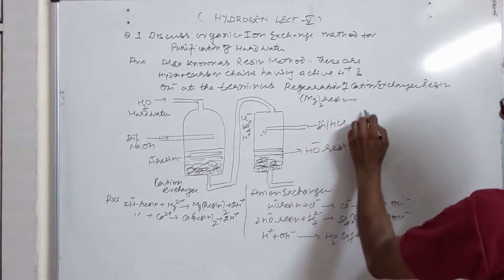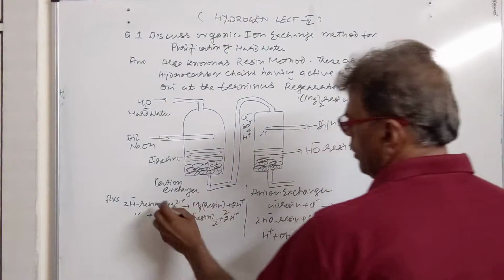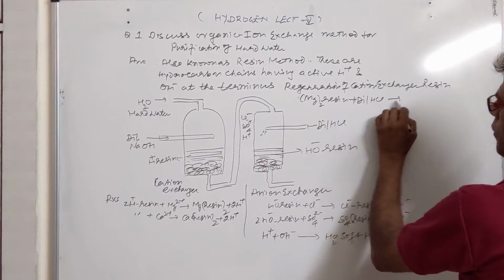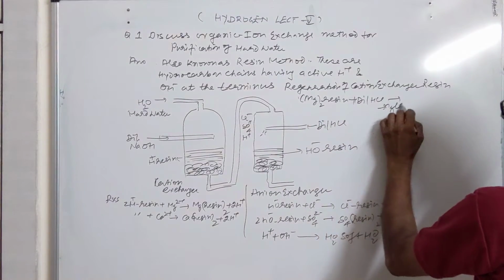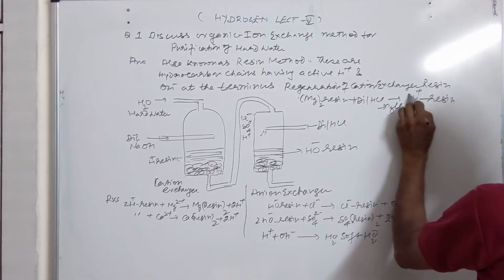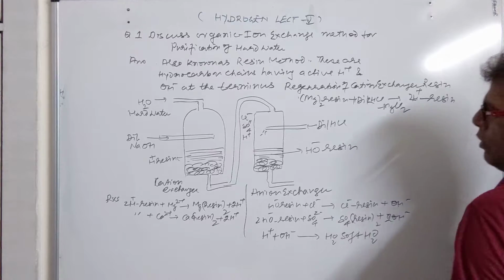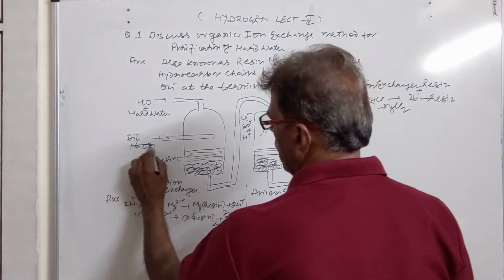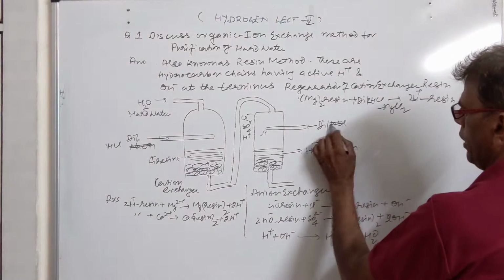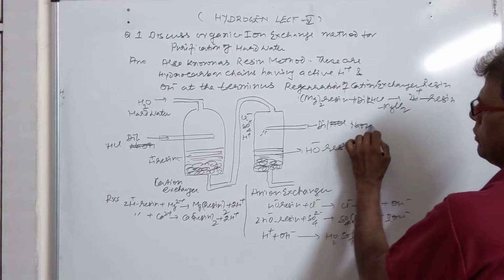It is now sprayed with dilute HCl. MgCl2 goes off, H positive goes with the resin. So here we will be spraying dilute HCl. In this chamber we will be spraying dilute NaOH.